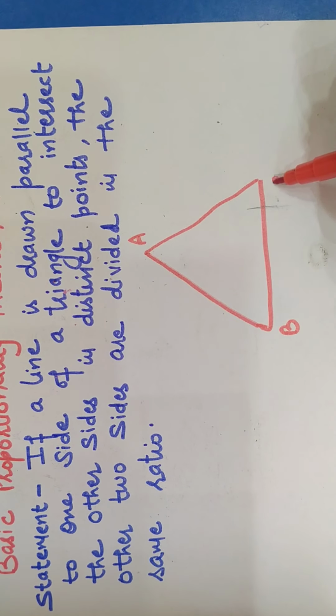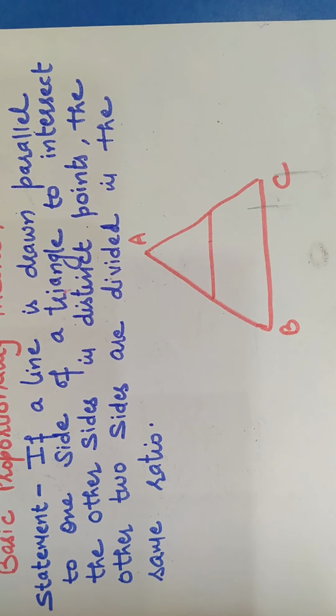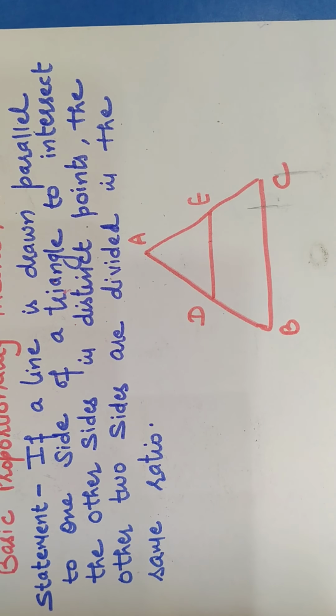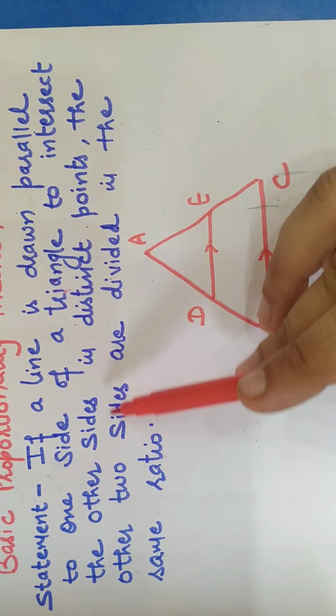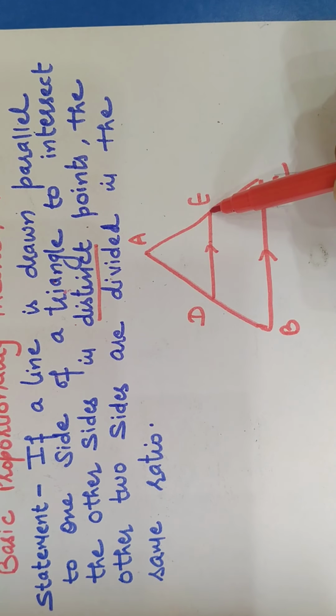Here I have a triangle ABC and a line DE which is parallel to one side of the triangle. DE is parallel to BC. The other sides in distinct points. Distinct means touches on two different points, are divided in the same ratio. We can say in the same proportion.